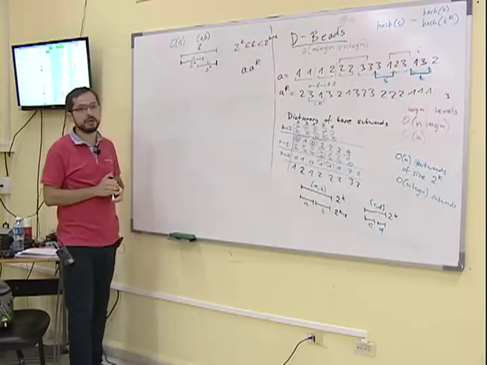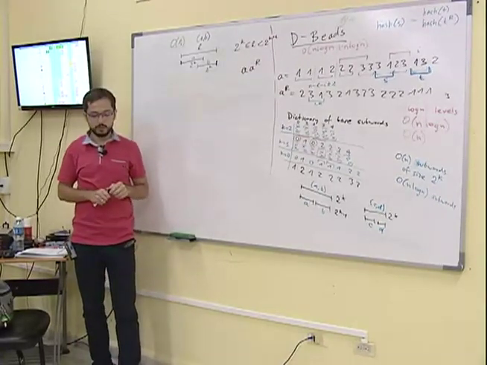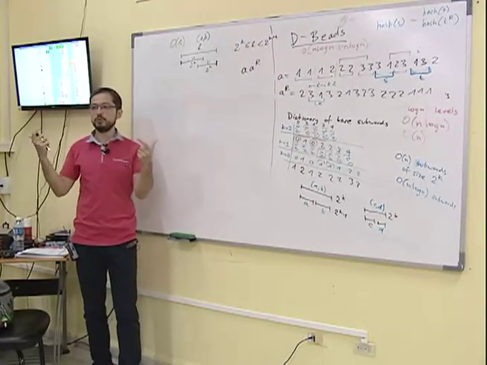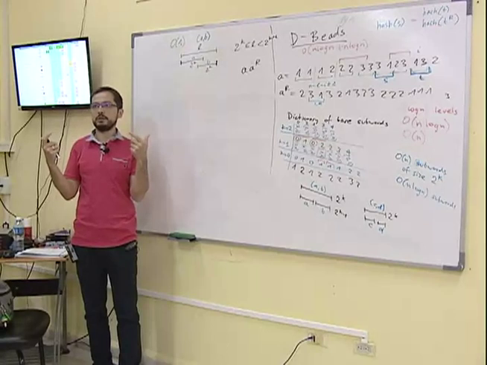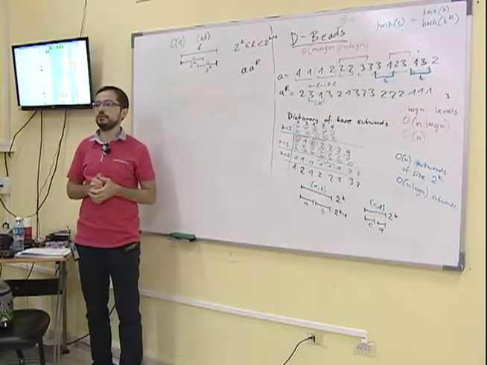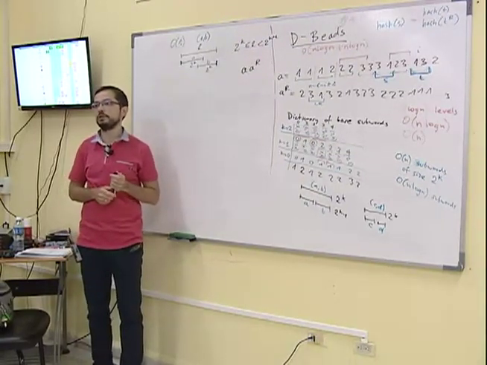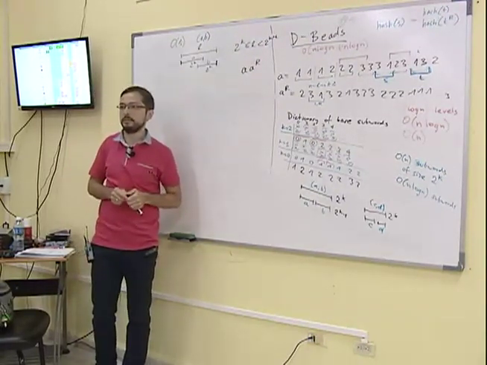So what about other applications? So we showed that we can compare whether two words are the same. Can we compare which word is lexicographically smaller than the other one?